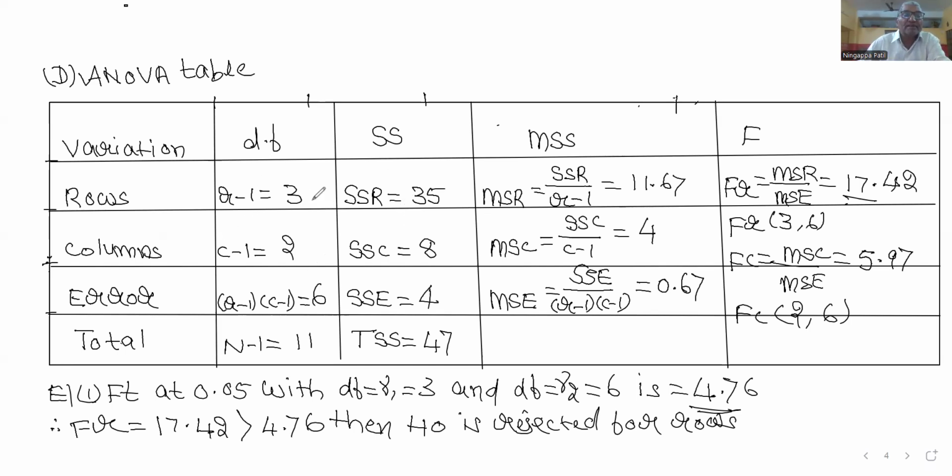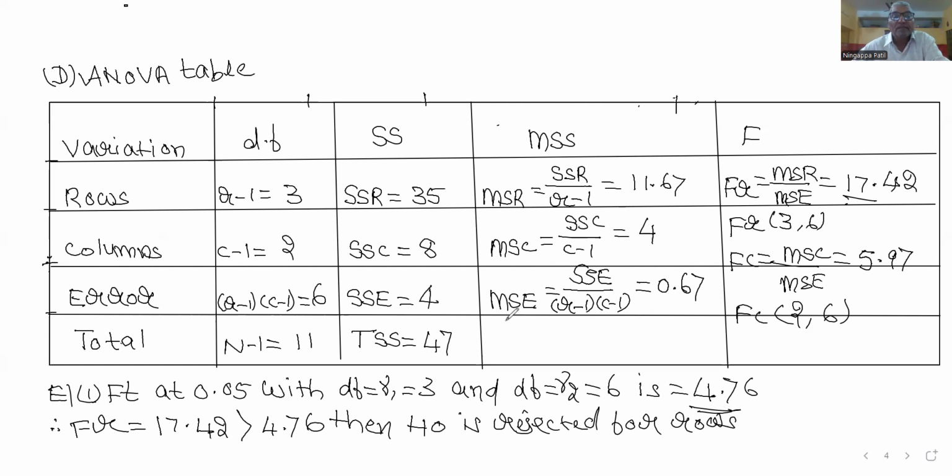Already we have calculated. N minus 1 means 12 minus 1, 11. Look here, if we add all these 3, you can get the total. And similarly, you can add all the 3 to get TSS at last. These values are matching. Then MSR: SSR divided by R minus 1, 35 divided by 3, 11.67. And SSC divided by C minus 1, 8 upon 2, this is 4.